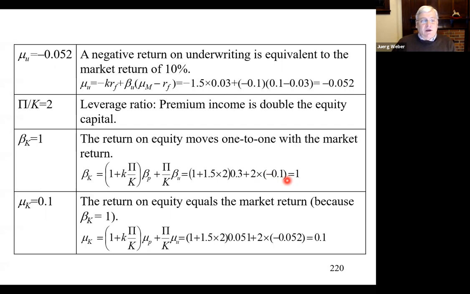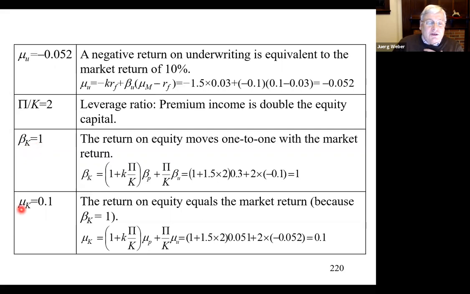And because the return on equity moves 1-to-1 with the market, the return on equity should actually be equal to the market return. The return on equity of the insurance company moves together with the market 1-to-1. So basically, the two investments are equivalent.